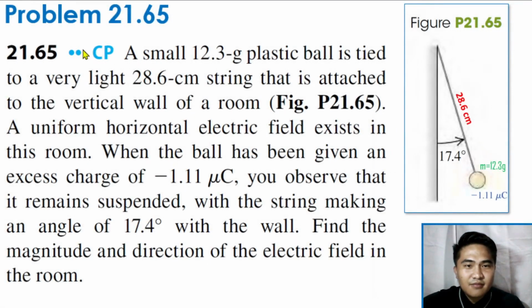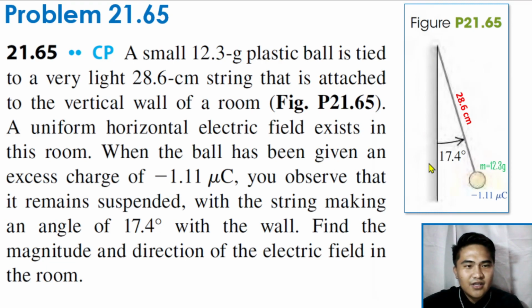Okay, next problem, problem 21.65. We have a small 12.3 gram plastic ball tied to a very light 28.6 centimeter string. So this is the plastic ball with a mass of 12.3 grams, and the string is 28.6 centimeters that is attached to a vertical wall of a room.